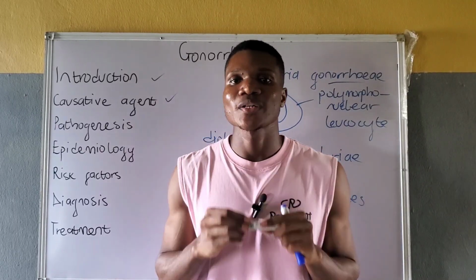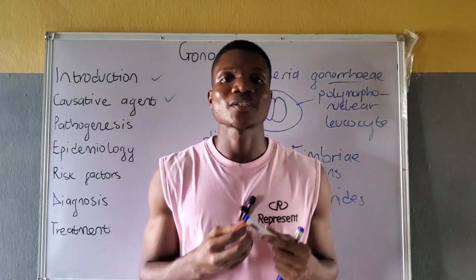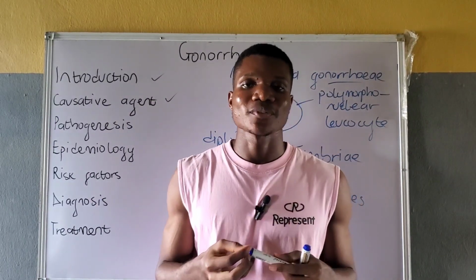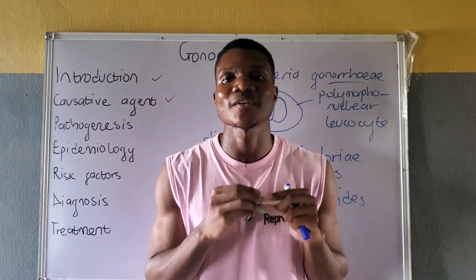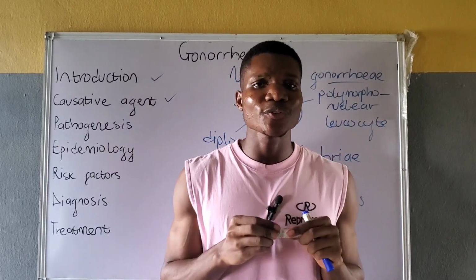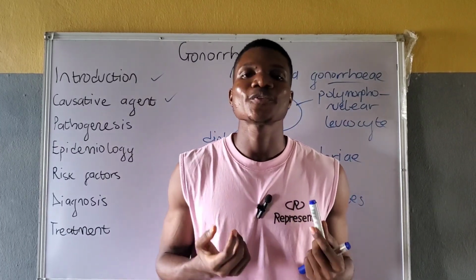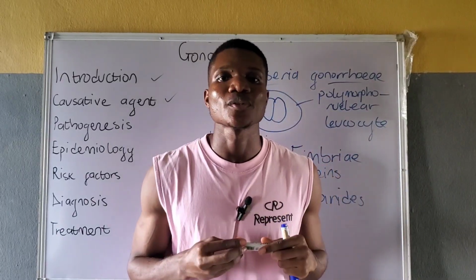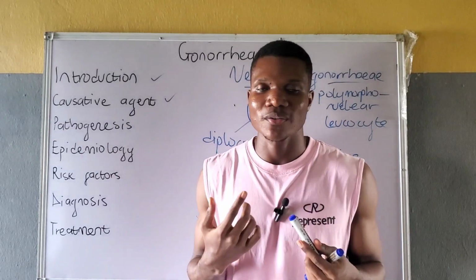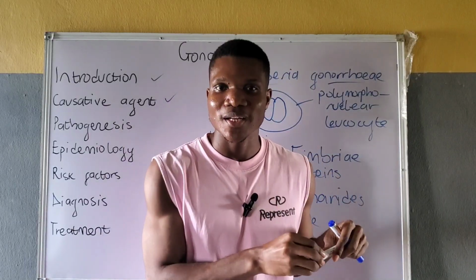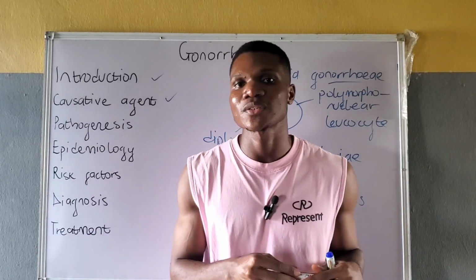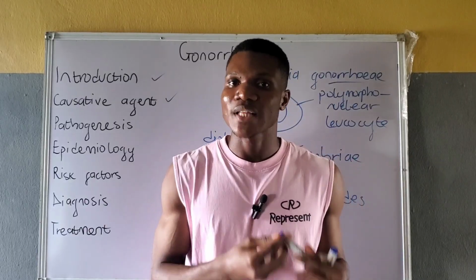Lipooligosaccharides are endotoxins, and because they're endotoxins, they induce a very strong inflammatory response, characterized by neutrophil infiltration. Neutrophils accumulate at the site of infection, and their presence causes the release of toxic chemicals that neutralize the bacteria. But these chemicals are also toxic to the surrounding cells, causing tissue damage.